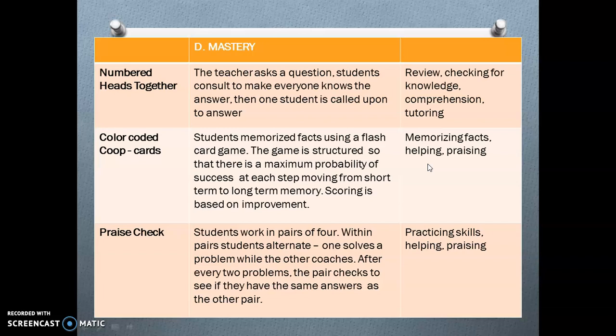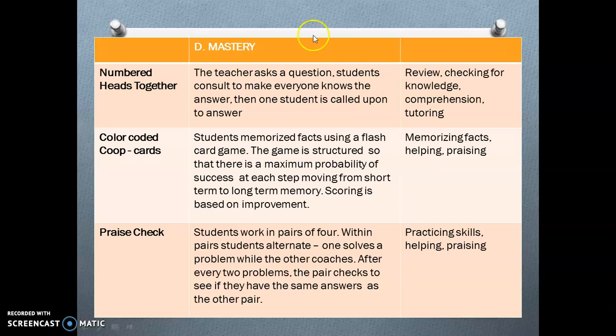The class will first discuss with their seatmates, with their friends. After that, you choose one of them who will answer your question. It also serves as a review and helps avoid pressure on the part of your learners, because you give them a chance to consult each other on the answer to your question.